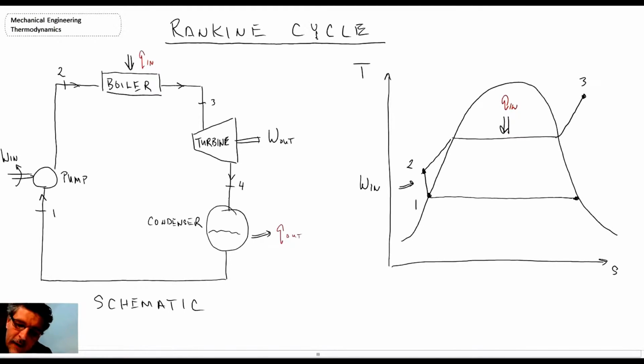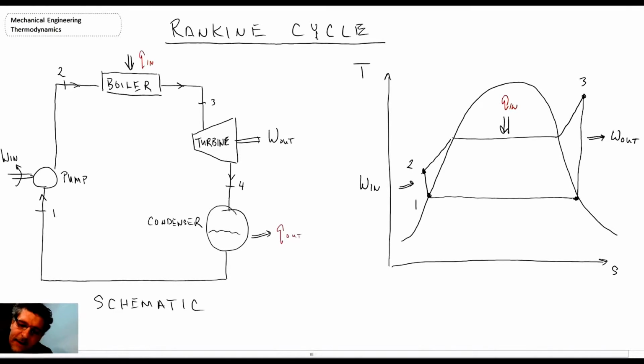We then have superheated steam, and we go into the turbine and drop down through the turbine. We're dropping in pressure, and ideally we will end right on the saturated vapor line at state 4. In the process, we are producing work.